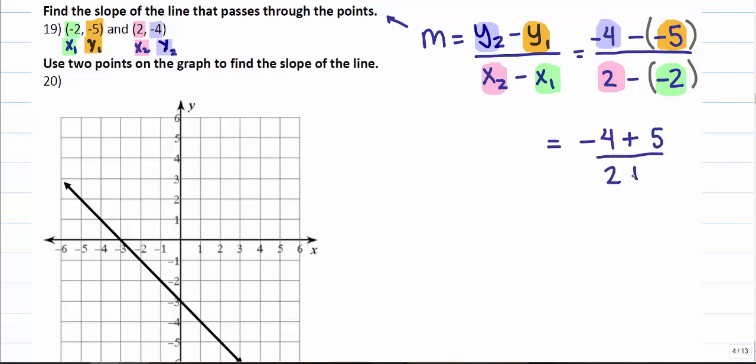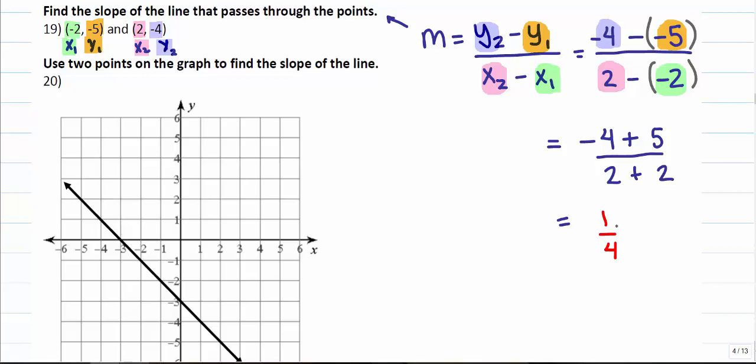And I'm taking 2 and adding a +2. I like to call it keep, change, change. But taking away a negative is addition. And so what I get out of this when I combine my terms here is 1/4. So that's how you can find the slope of a line given 2 points.